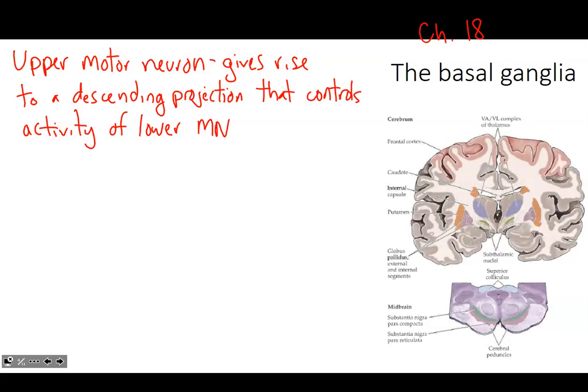Upper motor neurons are located in the cerebral cortex, particularly in the motor cortex. It's the area of the brain that's responsible for generating impulses that result in motor tasks and movement. These upper motor neurons receive input, and that input descends down upper motor neurons to lower motor neurons, and lower motor neurons are the ones that directly innervate the muscle.